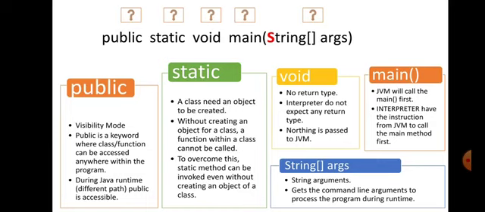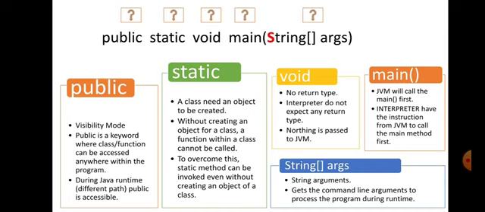So the user may be asked to enter those two numbers. If the user enters 2 and 3, based on that command line argument, the addition will be performed on those two data, that is 2 plus 3. Finally, the result is displayed on the screen as 5. So that 2 and 3 are nothing but command line arguments.